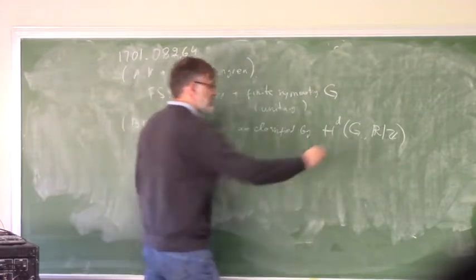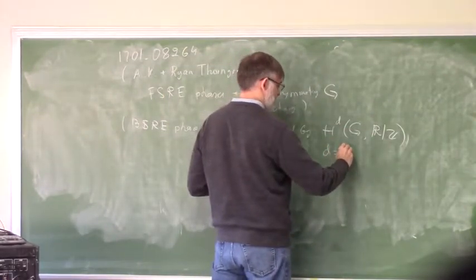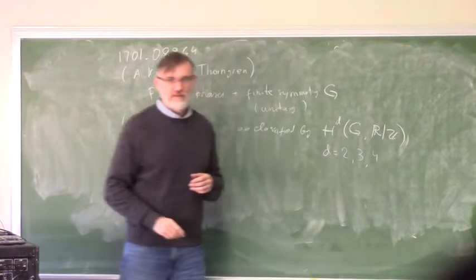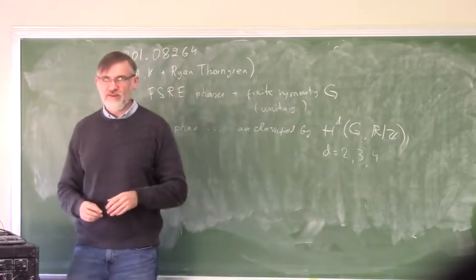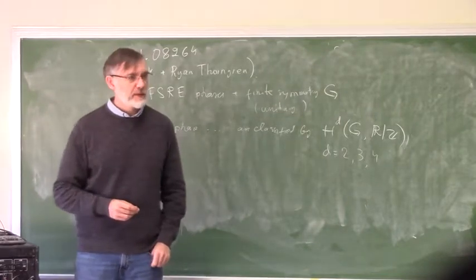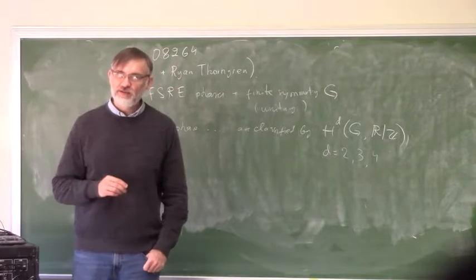Usually I will write this for D, the space-time dimension, being like 2, 3, and 4. In higher dimensions that's actually not true, but higher dimensions are of academic interest. Actually, starting with 5 dimensions, it's already not true.